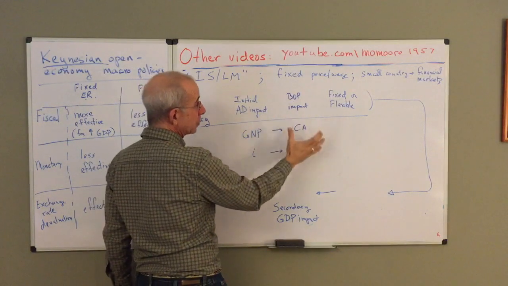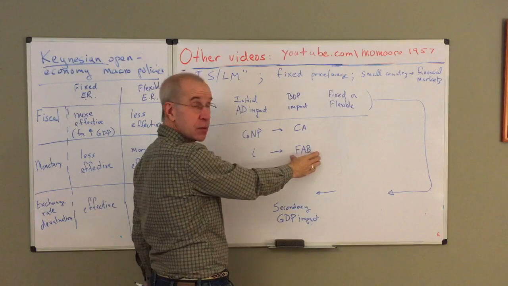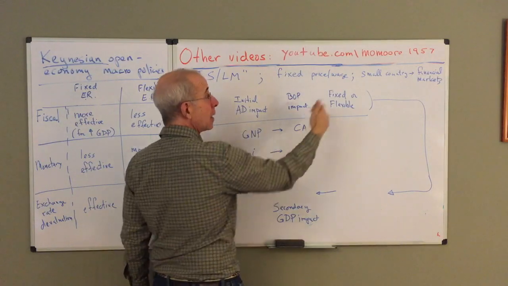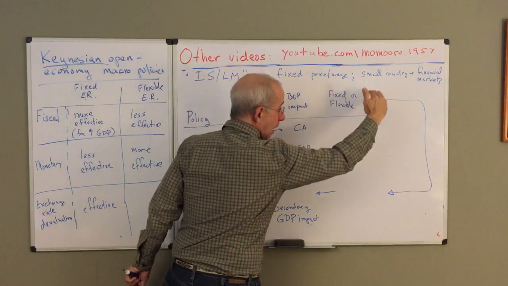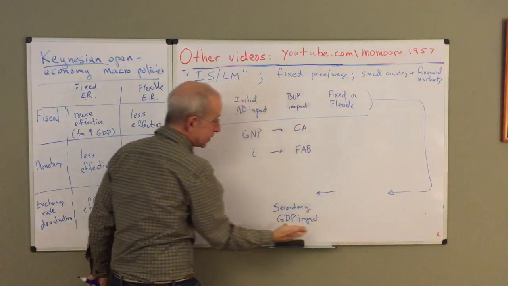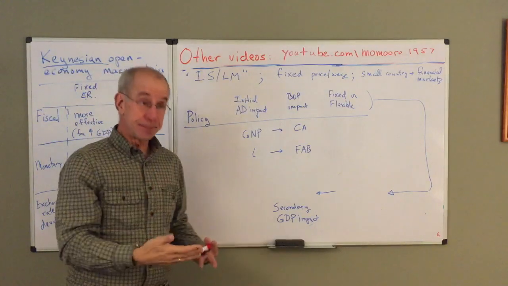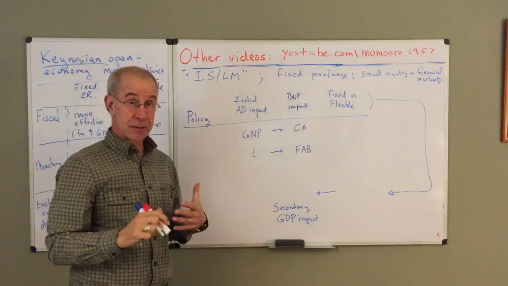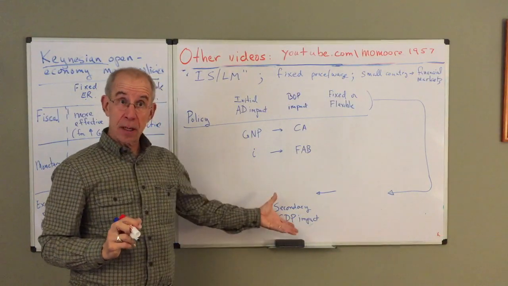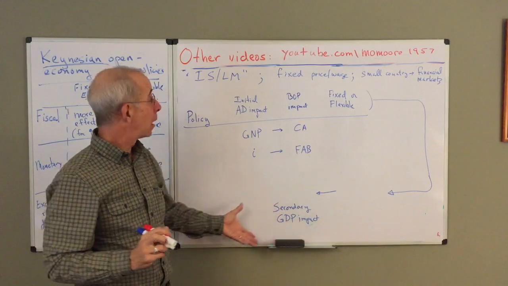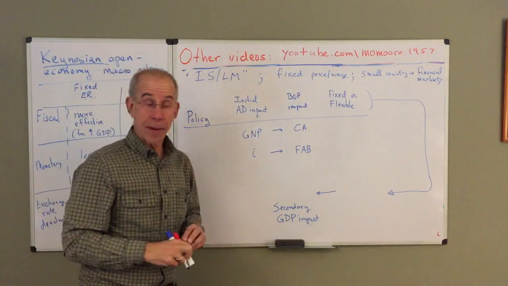We're then going to look at the balance of payments pressures associated with these changes. We'll ask whether it's a fixed or flexible exchange rate, then go into the secondary GDP impact, and we're going to see that either the policy is thwarted by the exchange rate market, or it's exacerbated. It's more powerful.